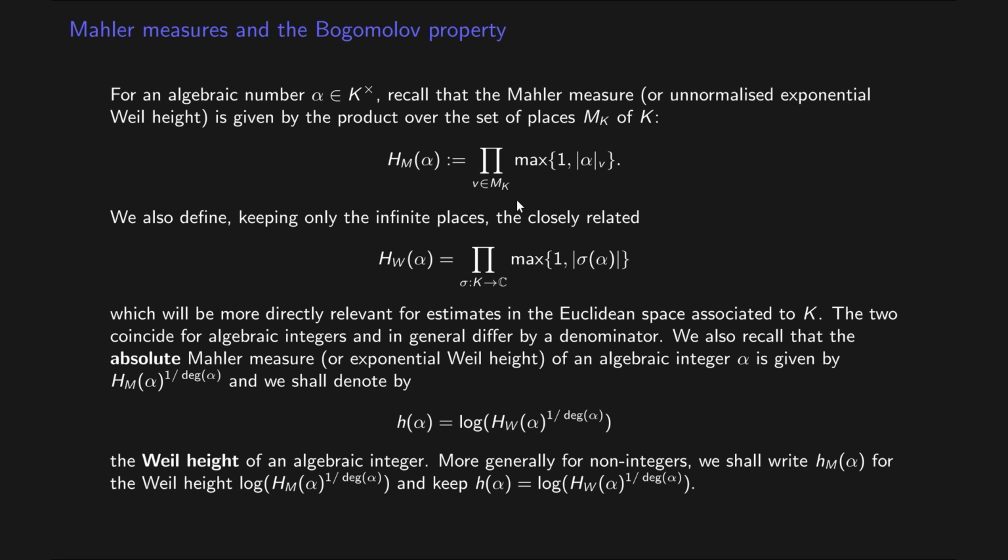So we would like to give a definition which depends only on the algebraic number alpha and is not dependent on the number field in which we are looking at this number. And so it's nice to look at this normalized version, and also as we are normalizing, we will look at the logarithmic version of this product. This is what we would call a Weil height of an algebraic integer.